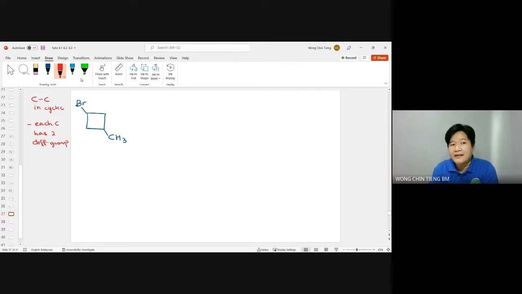So bila cyclic, isu kat cyclic adalah kamu banyak carbon. Carbon mana yang kita nak tengok? Carbon yang tak pegang apa tu tak payah tengok dah. Sebab dia pegang dua hidrogen. Mana ada two different group? Sebab dia pegang kumpulan yang sama, hidrogen.